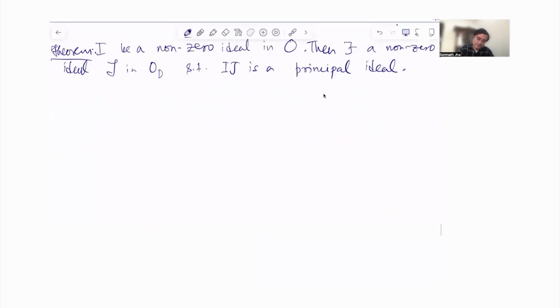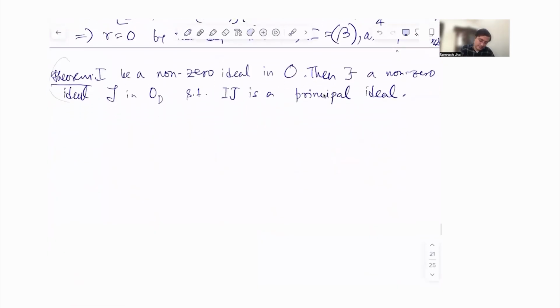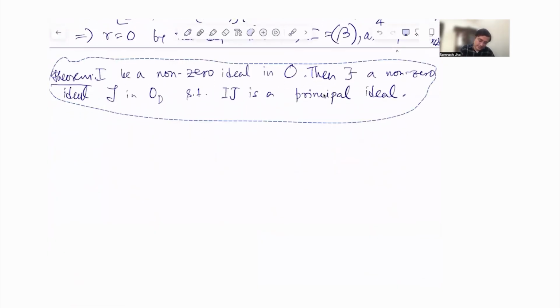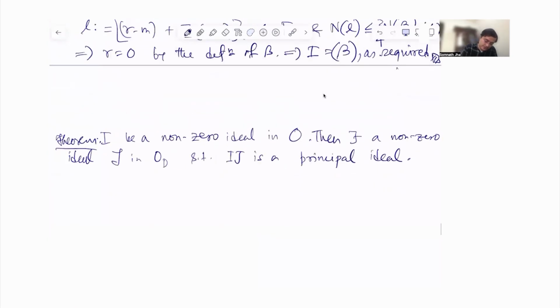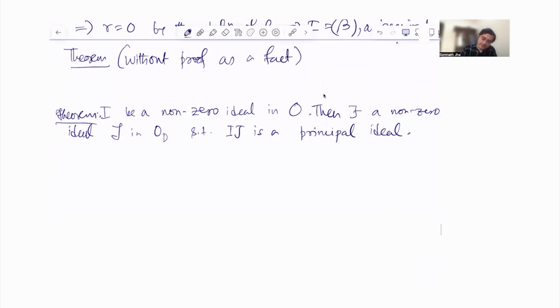But before that, I want to make another side remark. More generally, there is a theorem, which I state without proof as a fact; you can take it as a slightly tricky exercise.